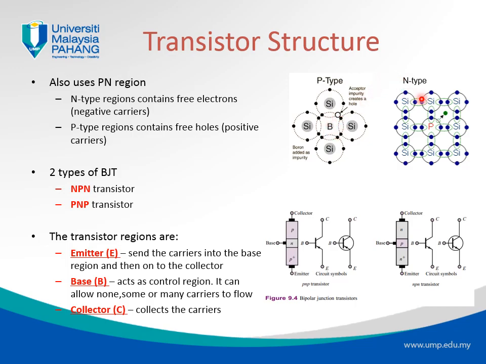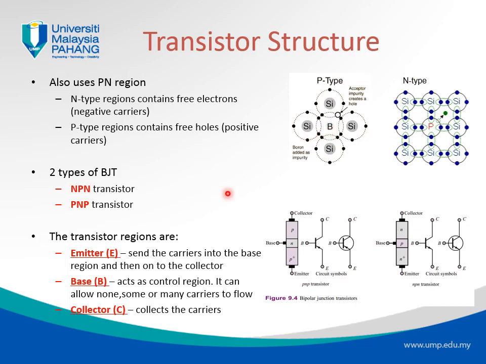As for n-type, the semiconductor is doped with a material with an extra valence electron that creates a free electron, right? So this is n-type, which is also called negative carrier. This is p-type, which we call positive carriers that have holes, and n-type has extra electrons.